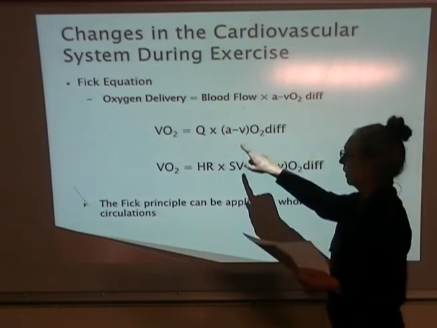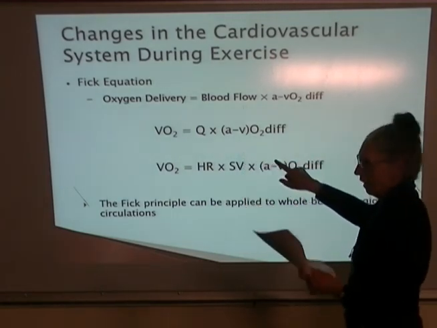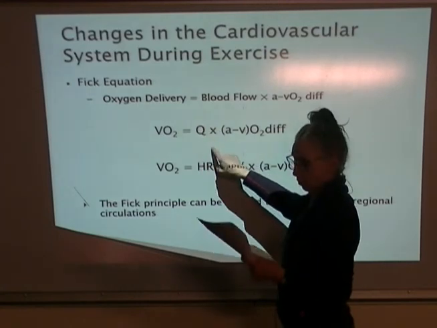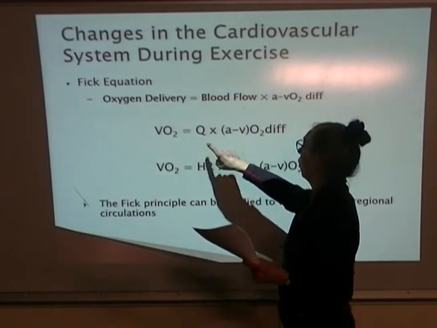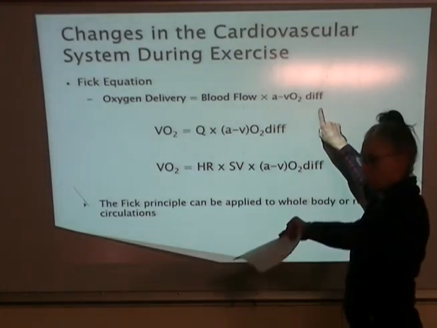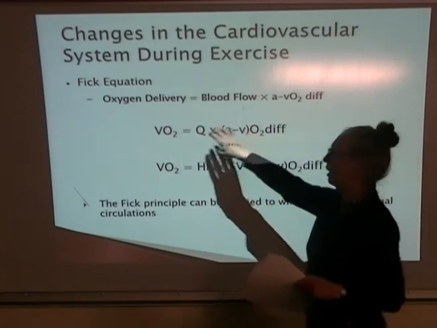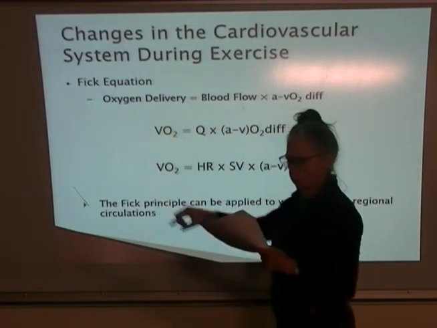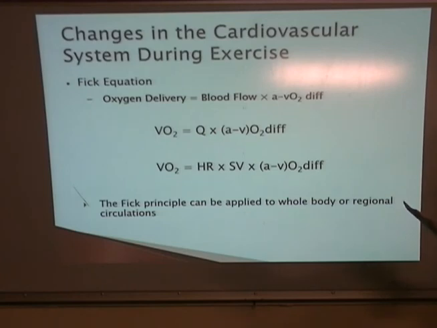So if I increase Q, or I increase AVO2 difference, I'm going to increase oxygen delivery or oxygen consumption. Does that make sense? So now we have an understanding of part of the mechanism for increasing VO2.